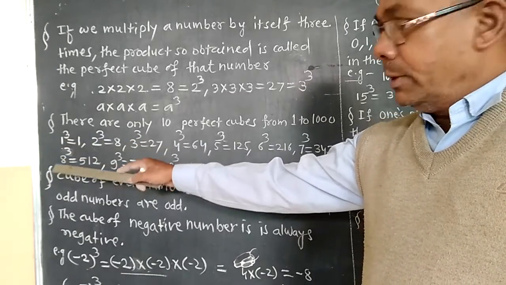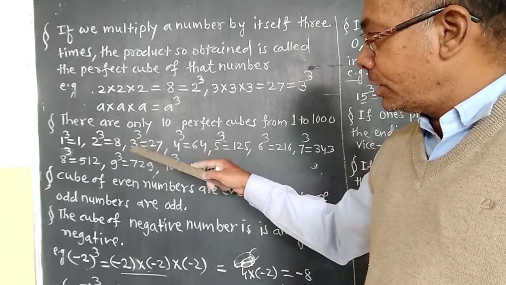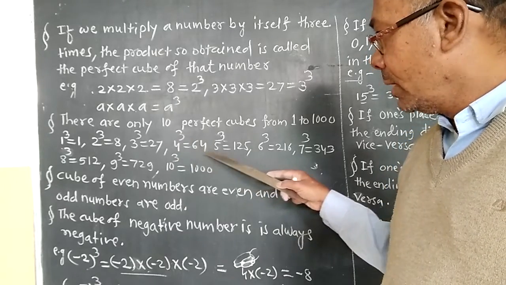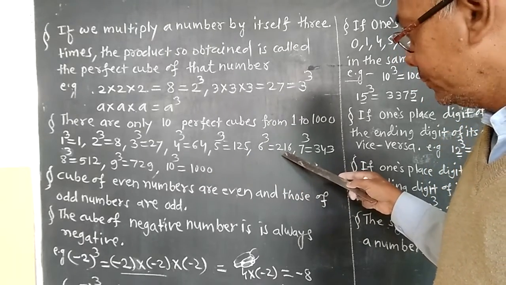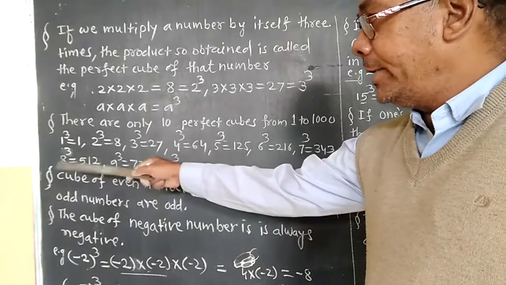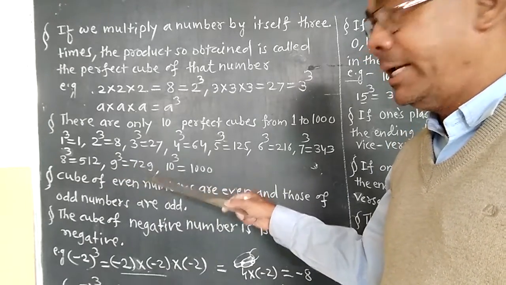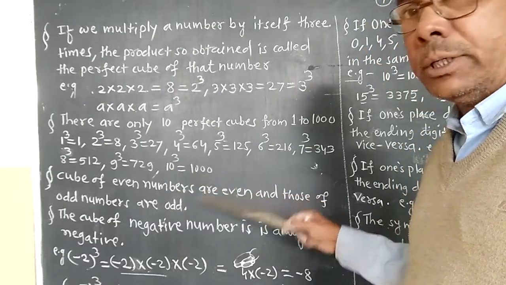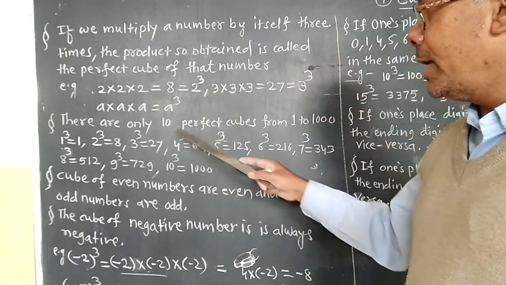Here 1 cube means cube of 1 is 1, cube of 2 is 8, cube of 3 is 27, 4 cube is 64, 5 cube is 125, 6 cube is 216, 7 cube is 343, 8 cube is 512, 9 cube is 729, 10 cube is 1000. In this way, from 1 to 1000, we have 10 perfect cubes.